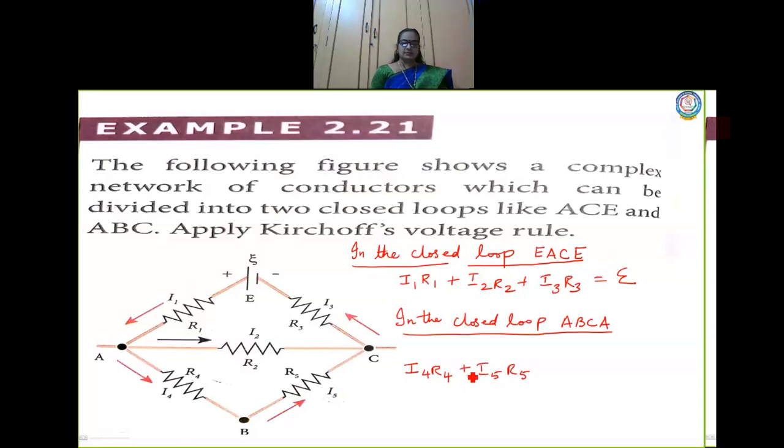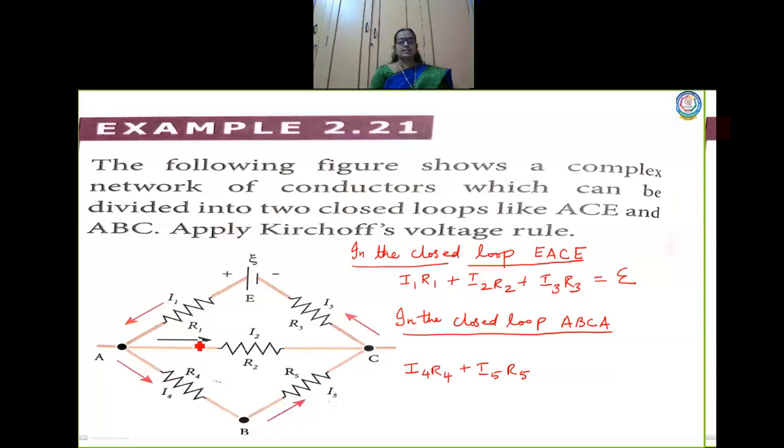Now look here. I start from here, I move in this direction, again I move in this direction. Now I have to move from C to A, but look at the direction of current here. It is given in the opposite direction. So in that case, actually this should not be R1, this should be I2.